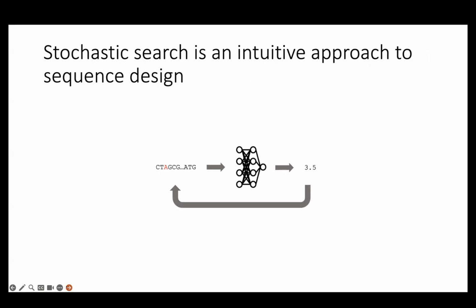If in this case my goal is to make sequences with higher fitness, I would say I keep this change, layer another one on top of it. If that again is improving fitness, I can keep it, et cetera, make changes until I reach my fitness goal, right? It's very intuitive, very simple.